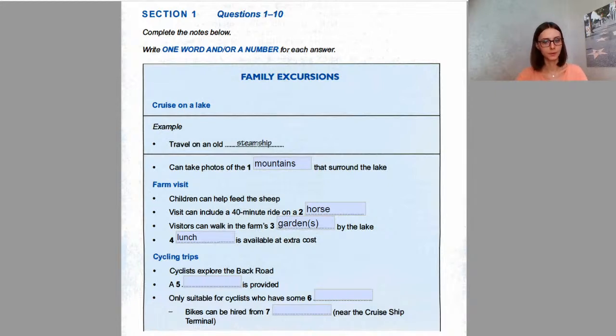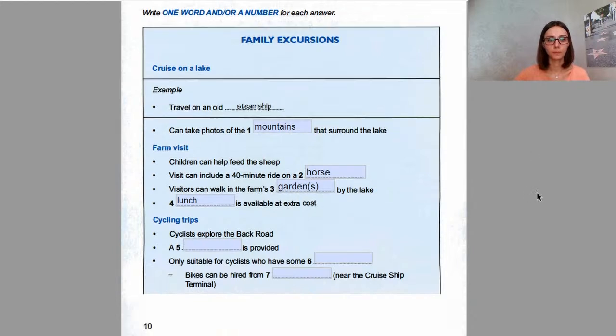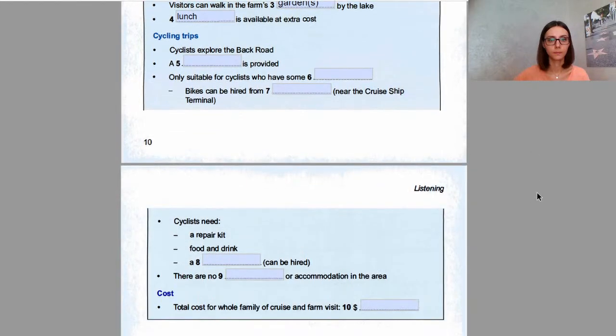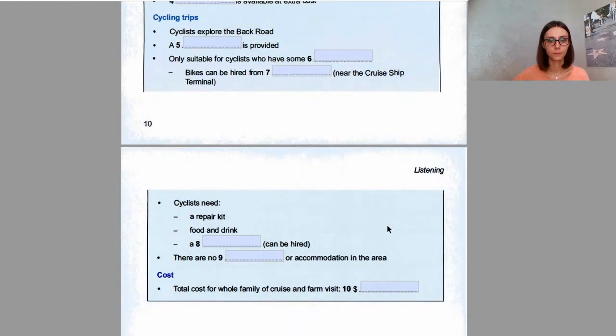I hope it was perfect. And we're going to move on. So, ready? Let's continue.